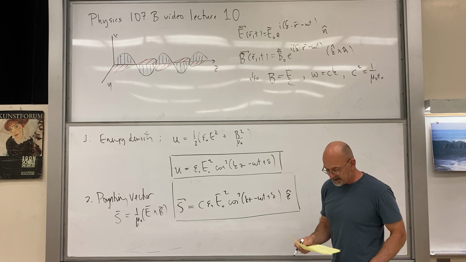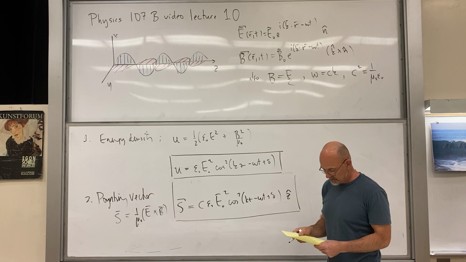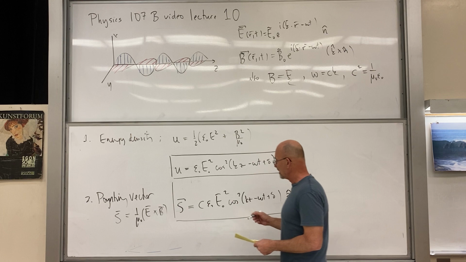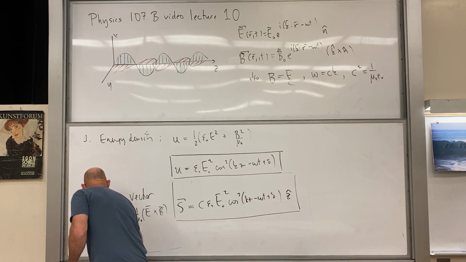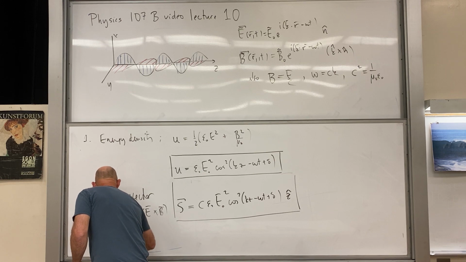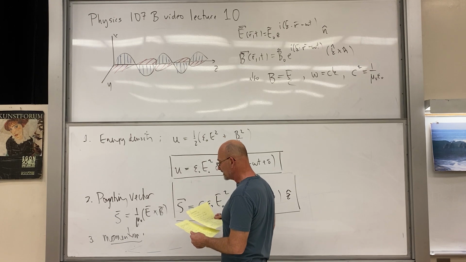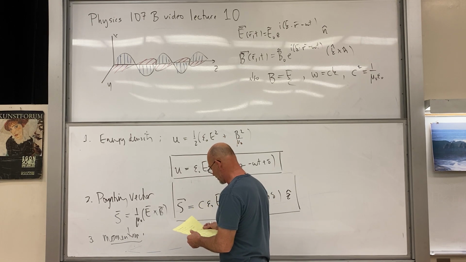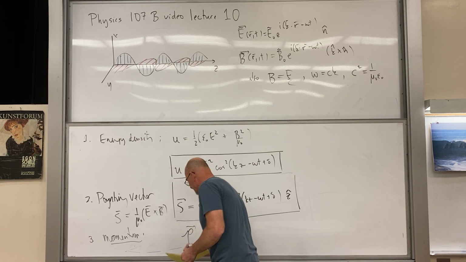And we want, in addition to that, the momentum. So we have momentum. And this one I'll just put in the form of that cursive momentum density vector we had.